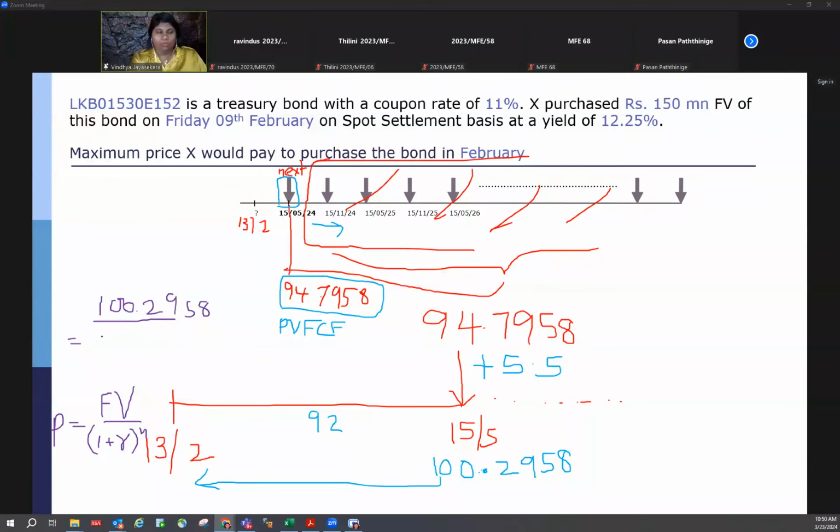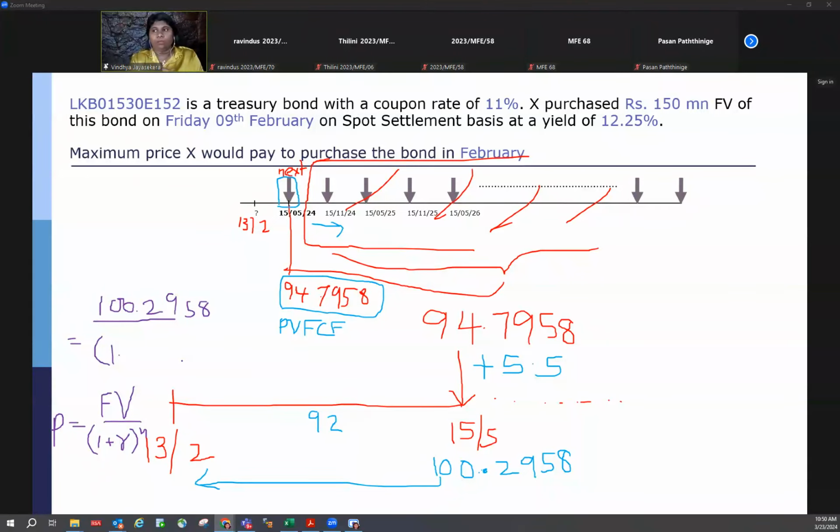What is r? R is for the period. Yeah, 12.25 multiplied by 92 divided by 180. Okay, that's a fair point. But technically, r is for the period, right? In bonds, you're still in the same calculation.